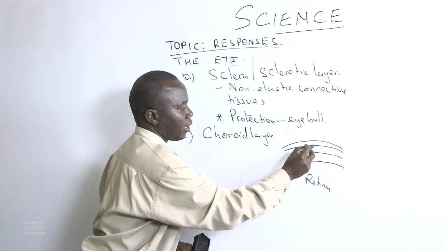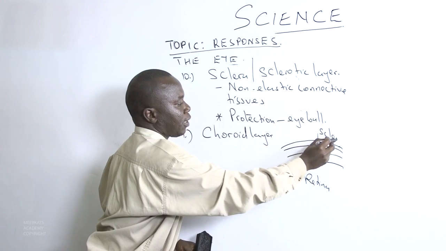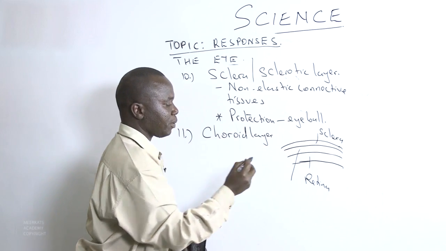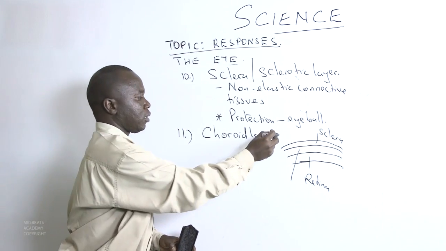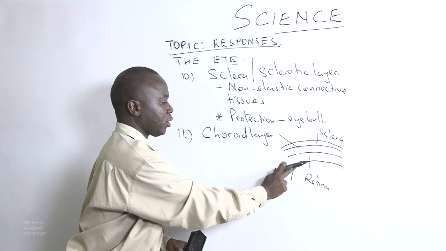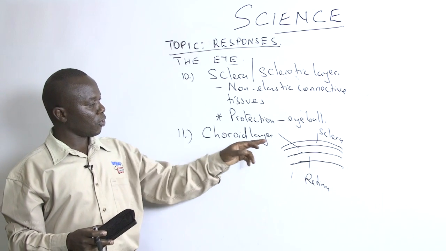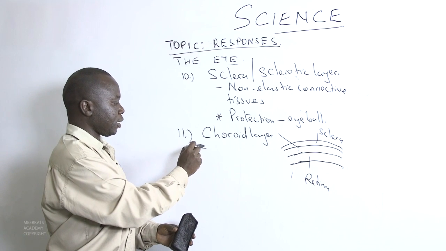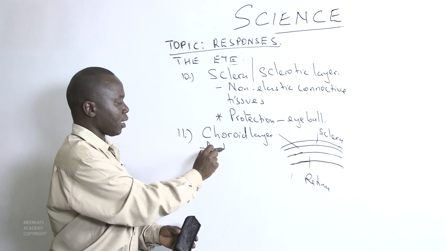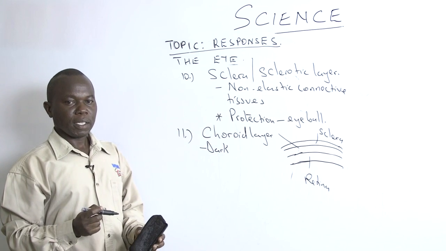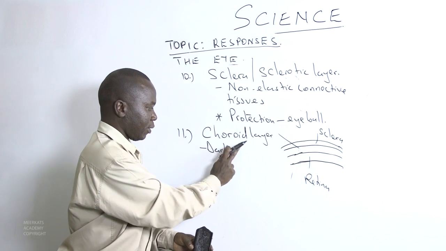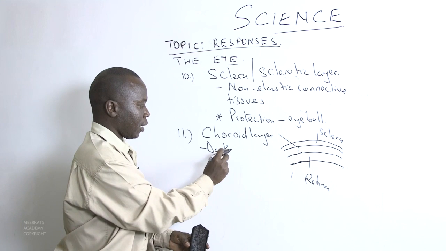So we have the retina there, the sclera at that point, and that middle part of the outermost layers of the eyeball is the choroid layer. This part is characterized by being dark in color.